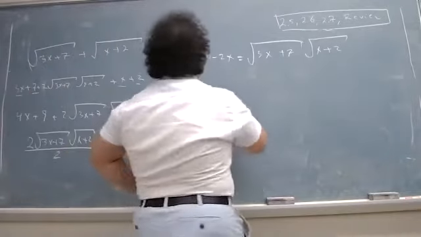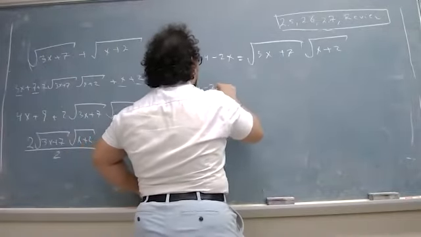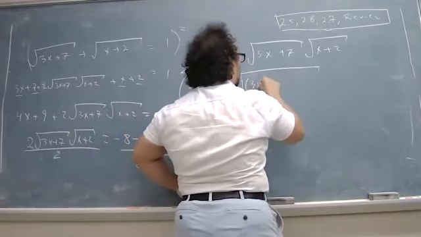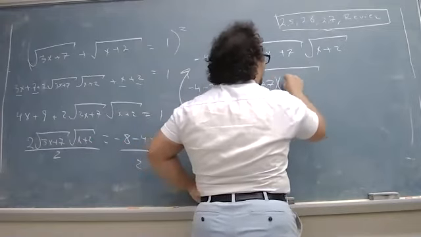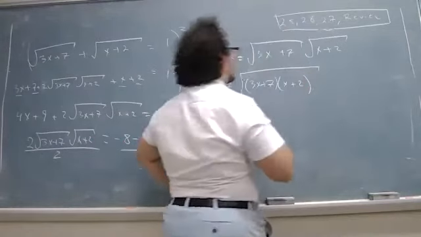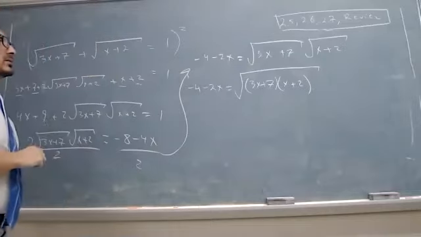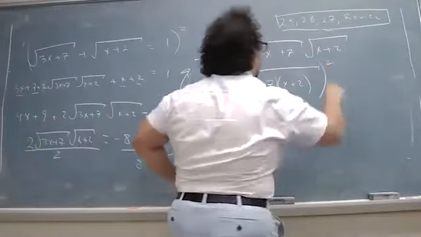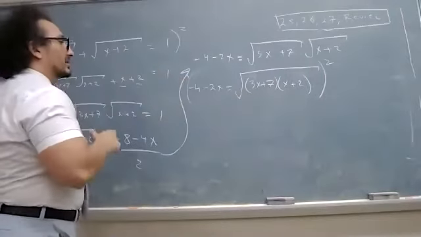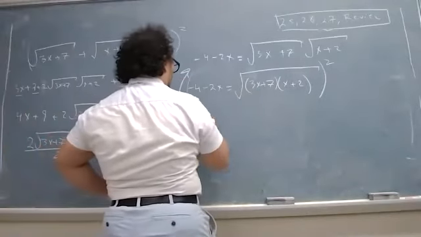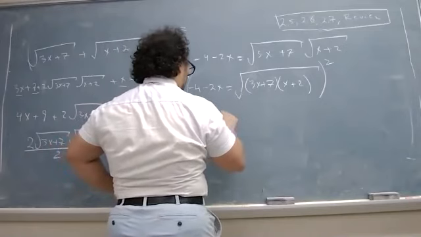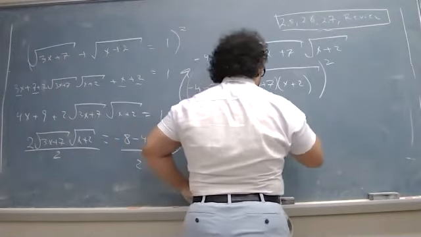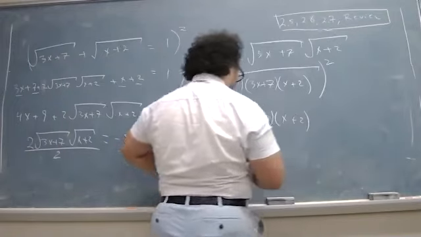Then we realize that this is the same thing as negative 4 minus 2x, which is equal to the square root of the quantity 3x plus 7 times the quantity x plus 2. Then we realize that now is the time to square both sides again, because now the radical on the right-hand side will go away. And over here, I would get negative 2x minus 4 quantity squared is equal to 3x plus 7 times x plus 2.